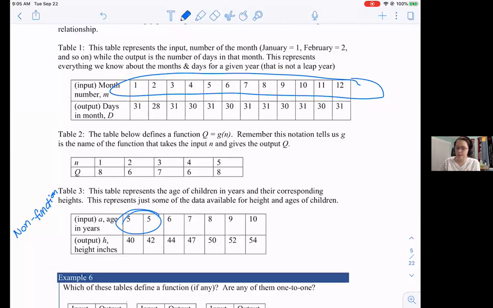If we want to look at table 2 in this image, we see each input maps to only one output. So none of our inputs are repeating. However, we have an output that repeats. So this is a function. But since the output repeats, it's not one-to-one.